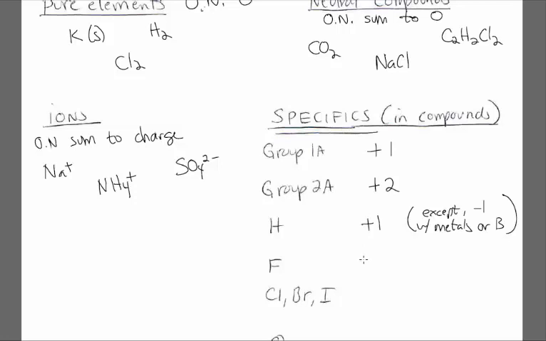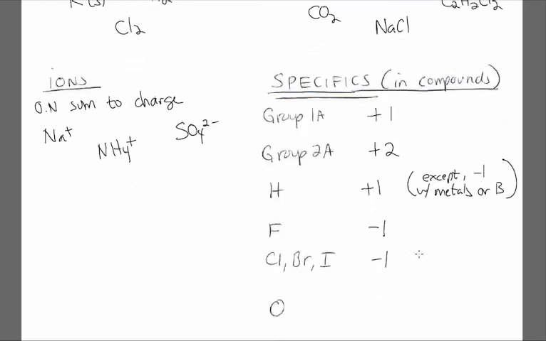All right, fluorine is always going to have an oxidation number of -1. The other halogens will almost always have, likewise, an oxidation number of -1, but when they are with other halogens, they may not, or with oxygen.